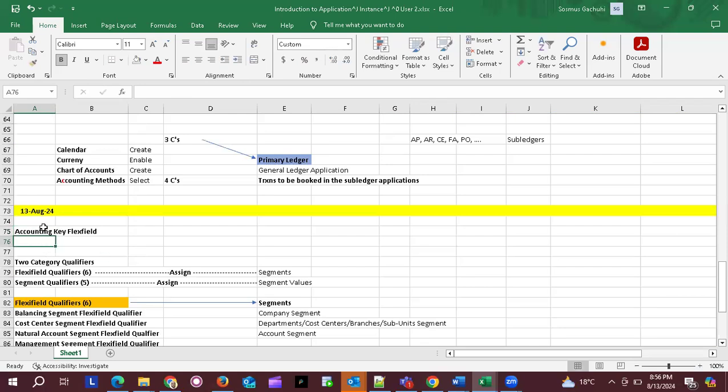And under the accounting key Flexfield, above it we have the general ledger responsibility.